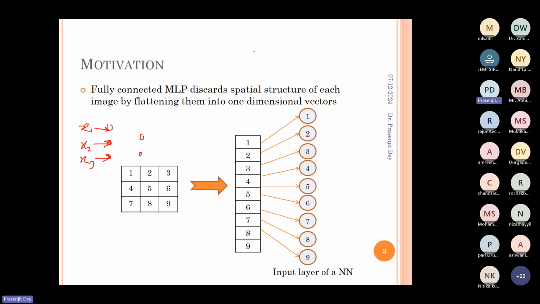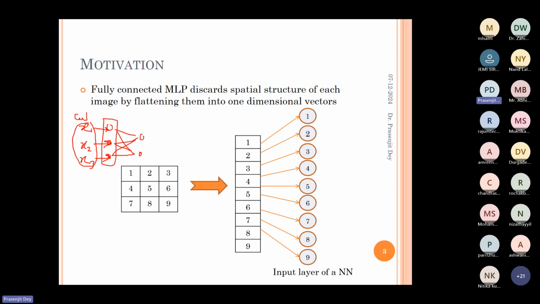If the input features are x1, x2, x3, these values will be fed into the input layer. After that it will go to the output layer, and correspondingly it performs the task of classification or regression. Suppose these three pixels represent an animal, say a cat.